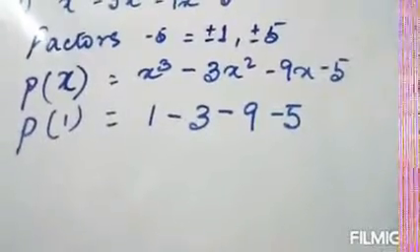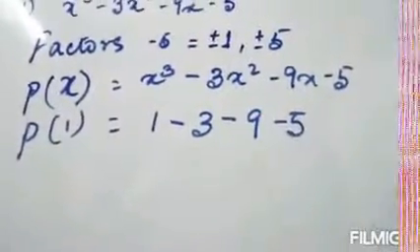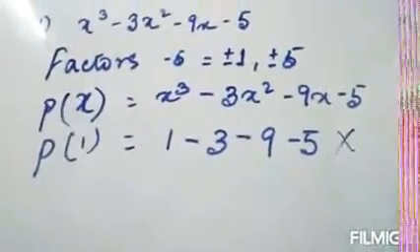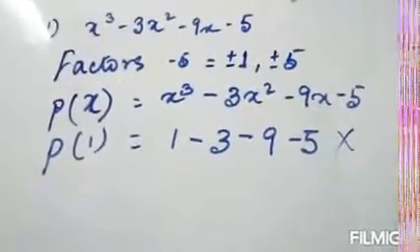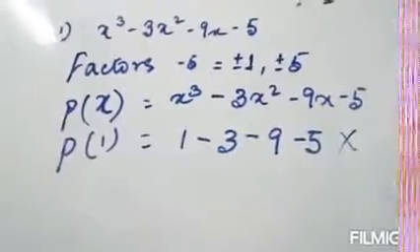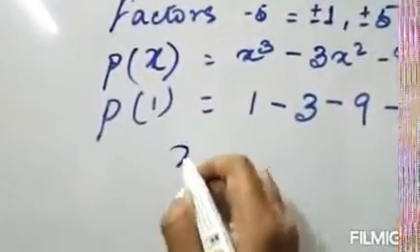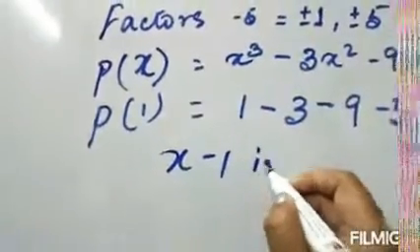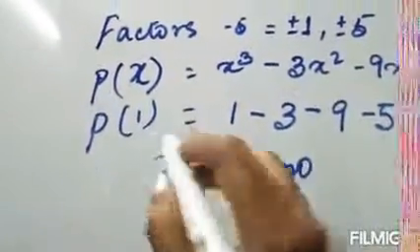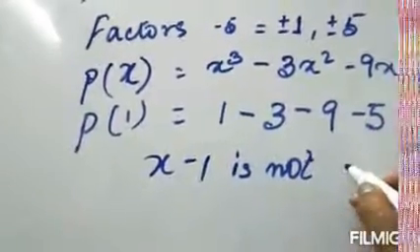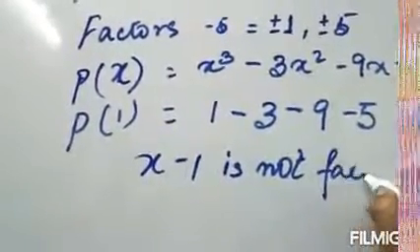Now from here you can see this value is not equal to 0. So that means x minus 1 is not a factor, because when we take 1 to this side it will be x minus 1. So x minus 1 is not a factor.